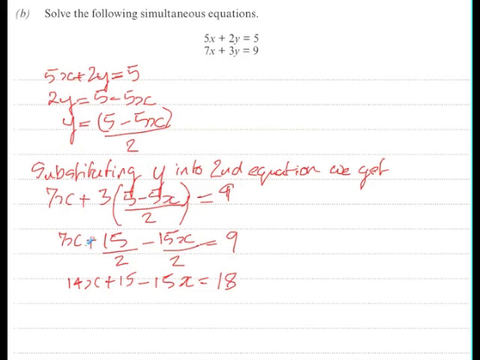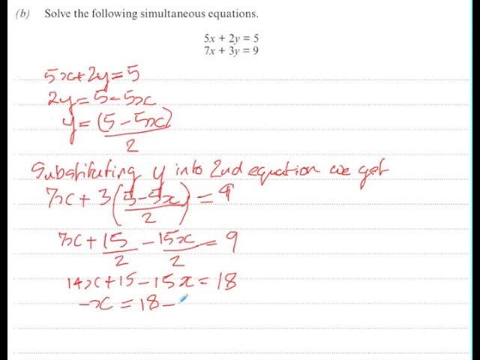But we have to balance both sides, so we also have to multiply the 7x times 2 as well. So we get 14x, and we have to multiply this side by 2 as well. So we're left with 18. So simplifying that, we get minus x equals 18.